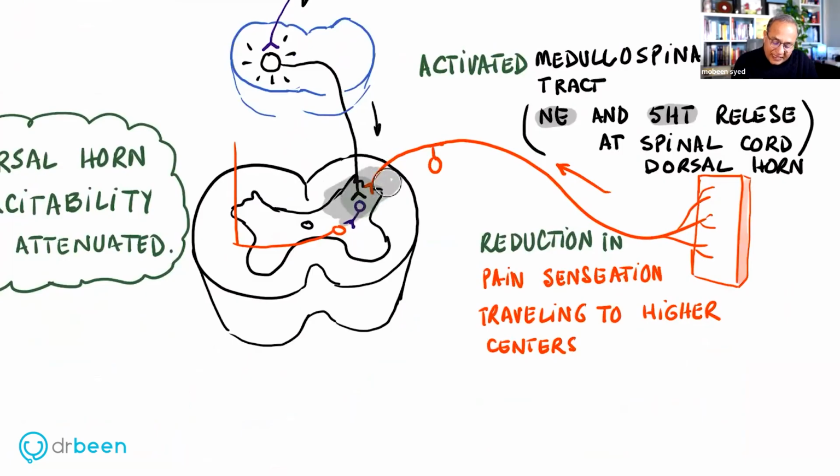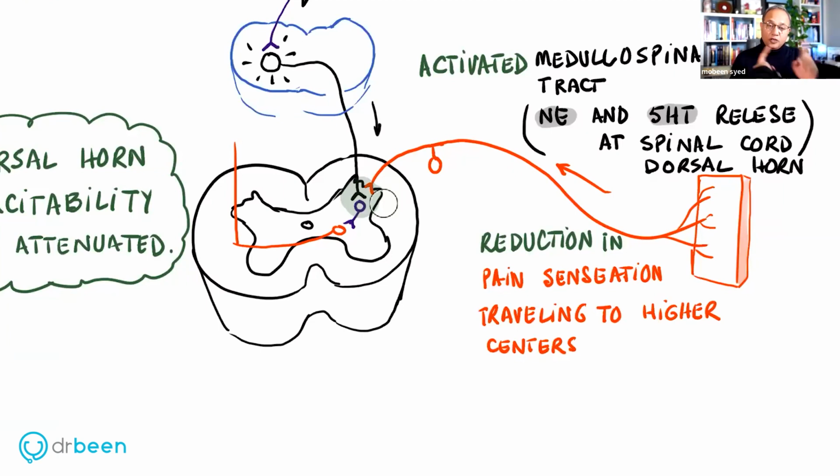It would release norepinephrine and 5-hydroxytryptamine. That release will cause the dorsal horn of the spinal cord to become stabilized, less excited. And that would mean that the pain signals that are passing from here would pass with less intensity, because in this area we are now causing a suppressive effect.